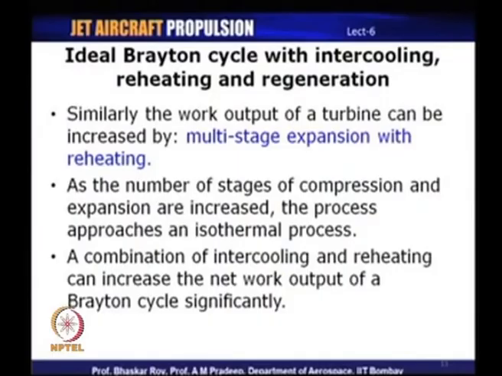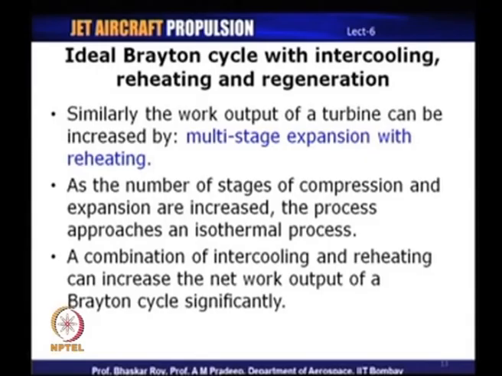As the number of stages of compression increases, the process will approach an isothermal process. Ideally, if we were to extend an ideal Brayton cycle to have efficiencies approaching that of a Carnot cycle, then we need to ensure that both the compression process and the expansion process are isothermal.